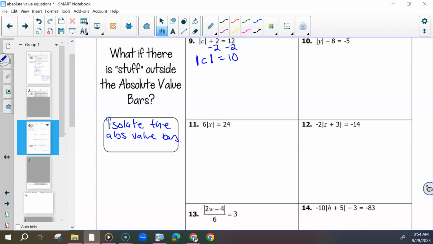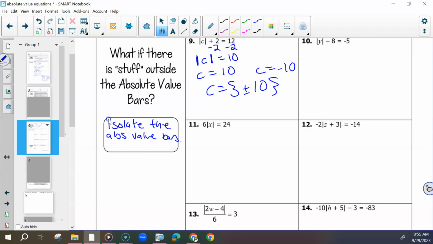Once your absolute value bars are isolated, then we solve it just like we were doing before. Drop the absolute value, set it equal to a positive, negative, solve if necessary, write as your solution set. So this would be plus or minus. Let's try 11.